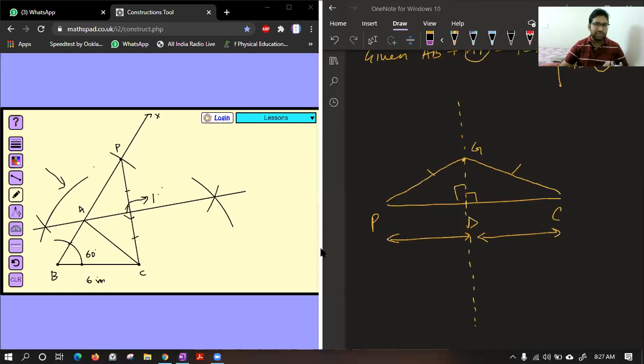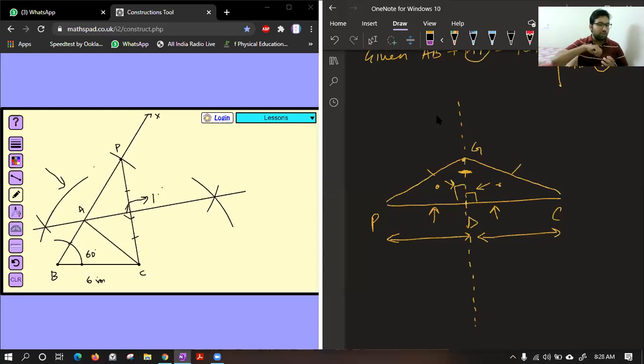If you are confused, you can prove this also. How? In these two triangles, you can see GD is common. This angle equal to this angle, both are 90 degree. And PD equal to DC, we already know. So by SAS, we can say they are equal.